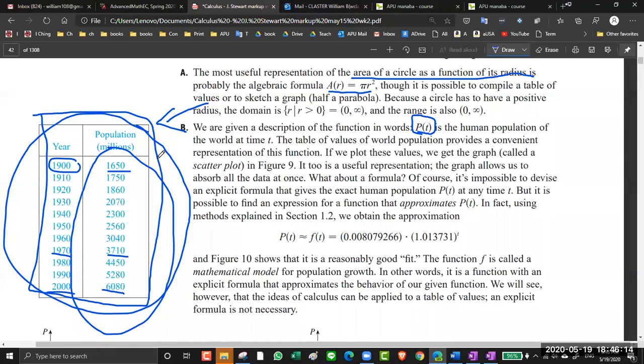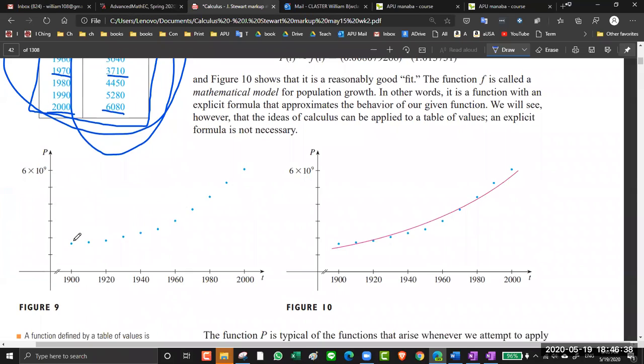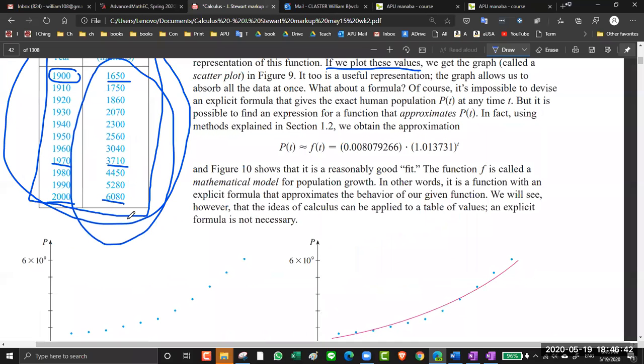Okay, so let's see. They say another thing we could do is to plot these values. And they say that's figure 9. So that's here. So this and this are exactly the same.